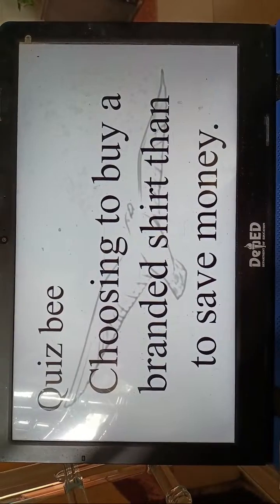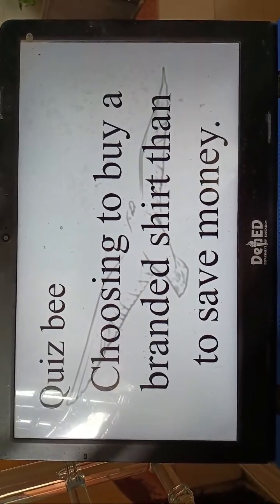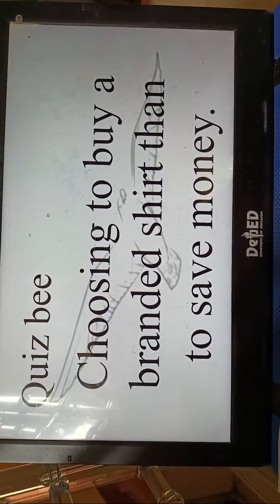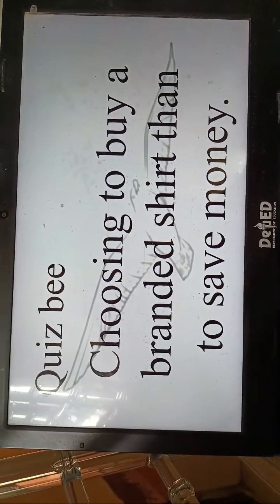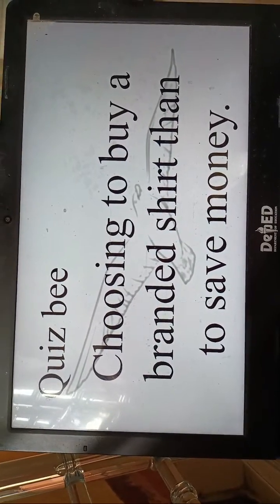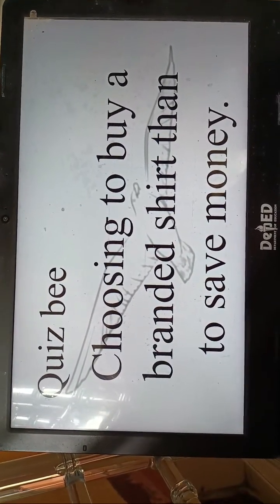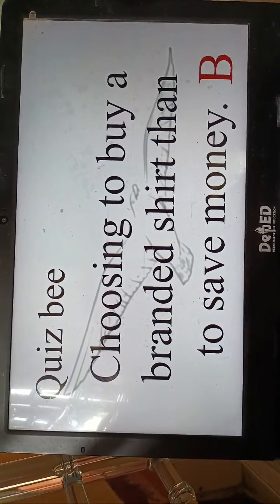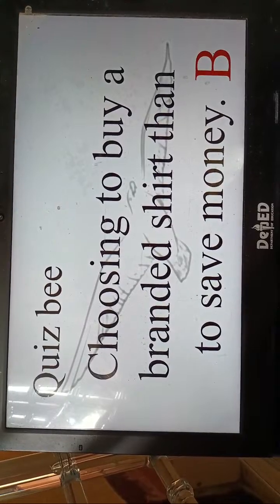Okay, choosing to buy a branded shirt and to save money. From the word choosing, is it physical, psychological, or moral freedom? Choosing to buy a branded shirt is psychological.